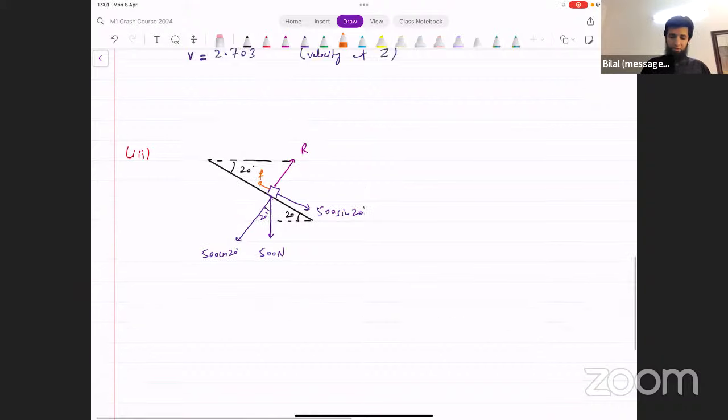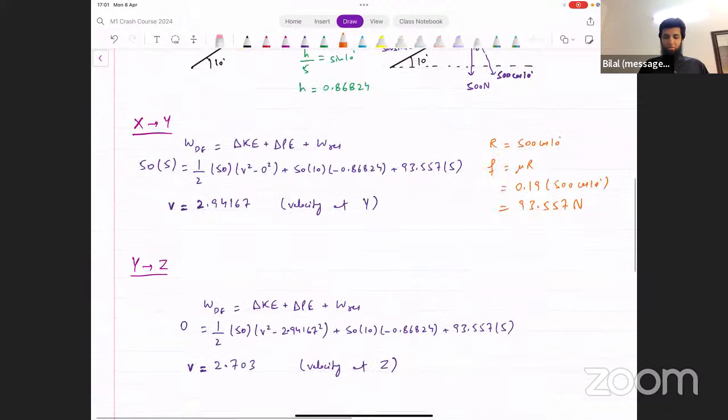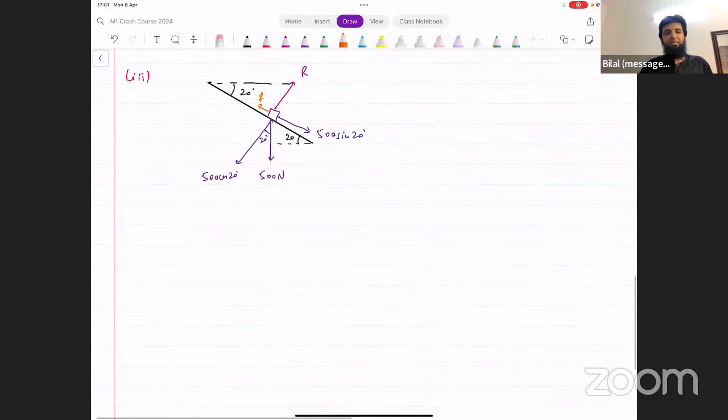Are we missing any force? No. Okay. So now we need to find the acceleration of the block. There's no acceleration perpendicular to surface. So these forces are always equal. R equals 500 into cos of 20.